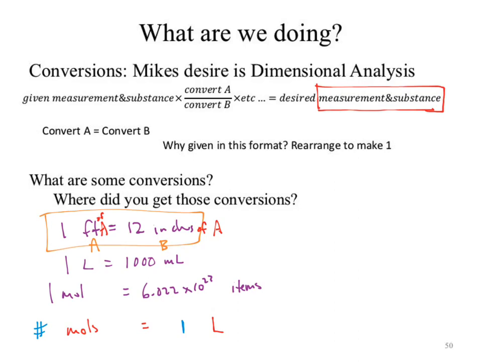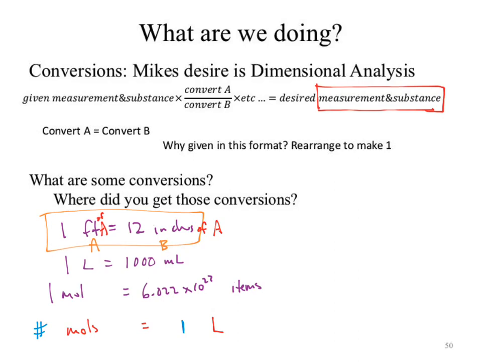Balanced chemical equation. True. What is your measurement unit? Moles. Why are these all the same substance? They're not mole to mole. In each of these cases, what are we changing? We're changing the measurement. Can we change the substance if we change the measurement? No. So all of these are going to be the same substance.